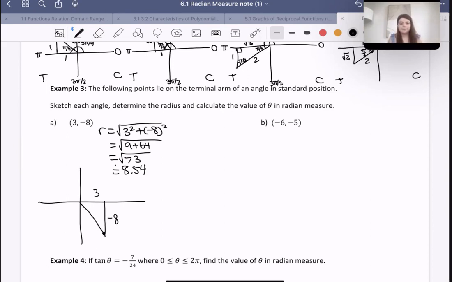Okay. And then it says calculate theta in radian measure. So how do we calculate theta? Well, let's do tan theta.